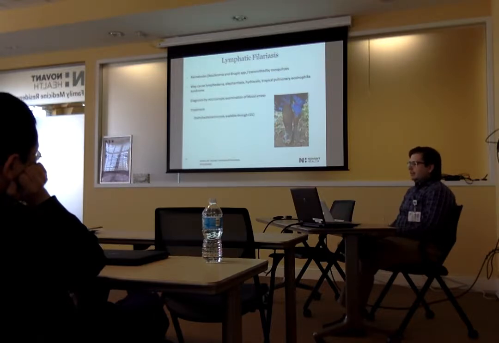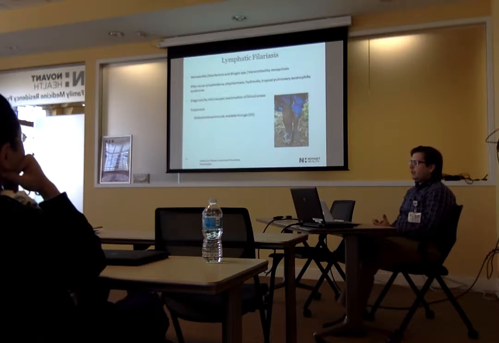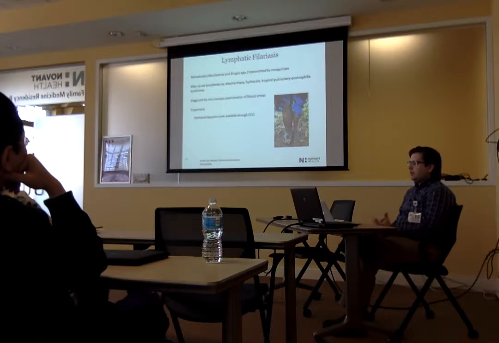Lymphatic filariasis. Again, we see these nematode worm species, specifically the Wuchereria and Brugia species. These can be transmitted by mosquitoes. It's interesting how these patients present. You may see lymphedema, elephantiasis, so that massive swelling. You can see a hydrocele, swelling in the scrotum. These patients may also get what they call tropical pulmonary eosinophilia syndrome, an accumulation of eosinophils in the lungs.